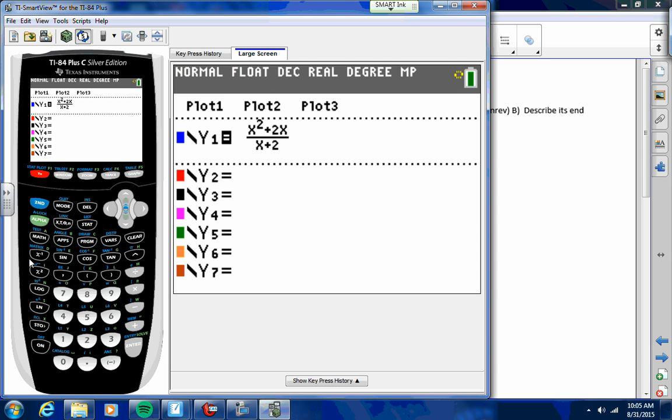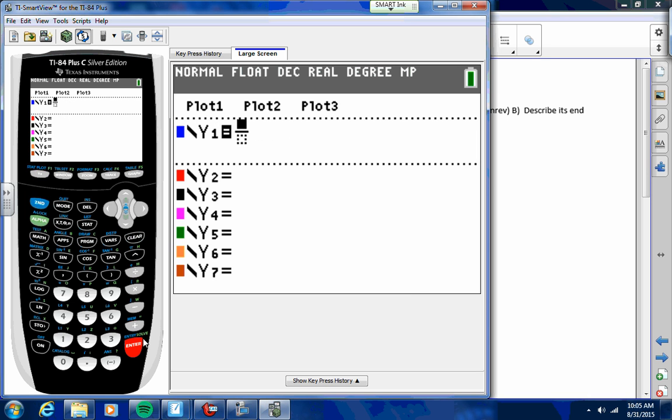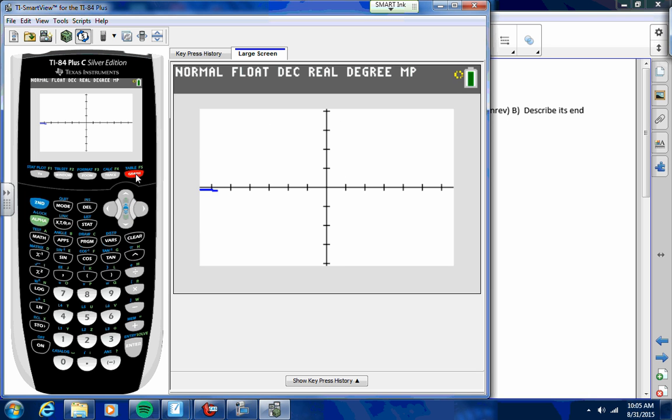Let's go y equals. Let me clear that out. I'm going to do a fraction. x squared minus 9 over x cubed minus 5x squared minus 18x plus 72. Graph.